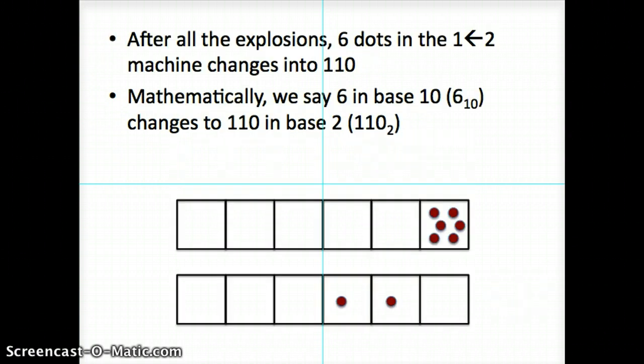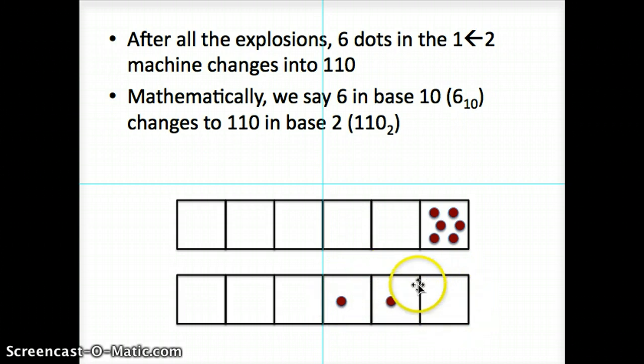So finally, if we have 6 dots in the box all the way to the right, there will be some explosions and redistributions, and it will end up being 1, 1, and 0 dots.